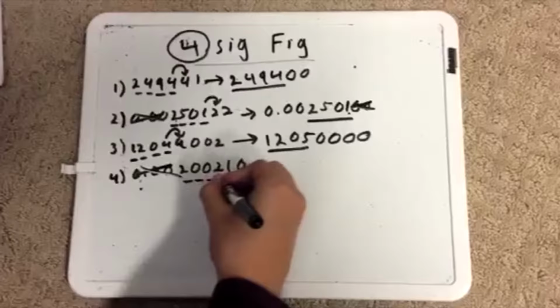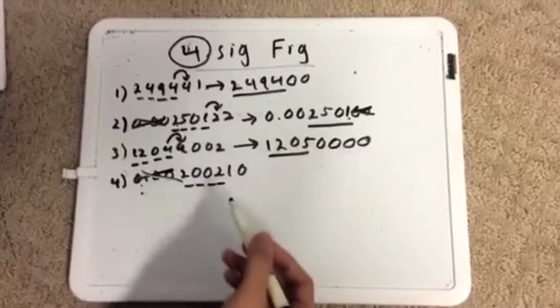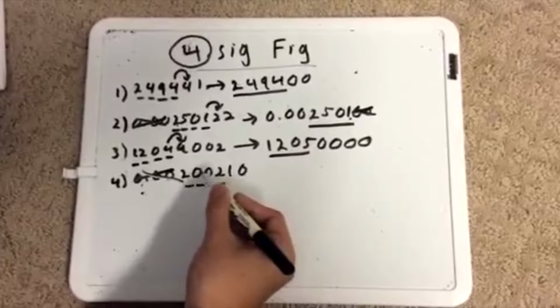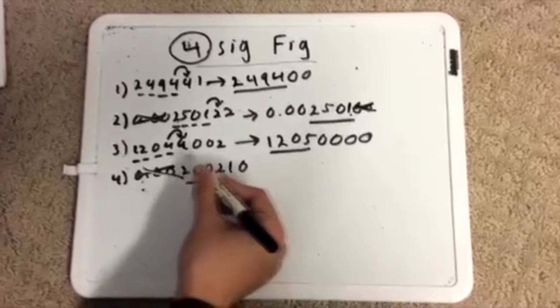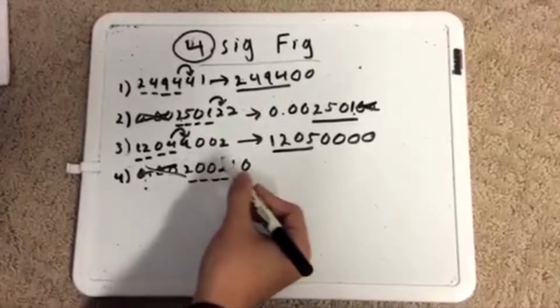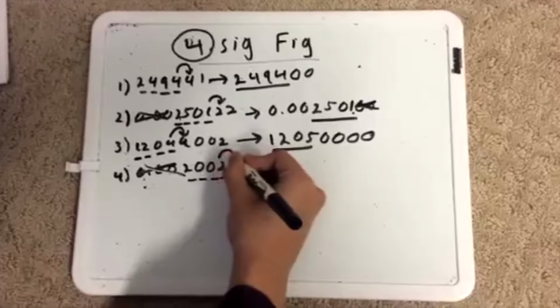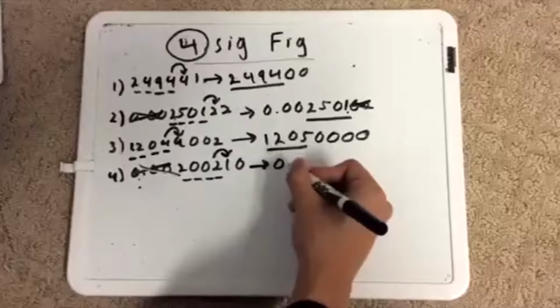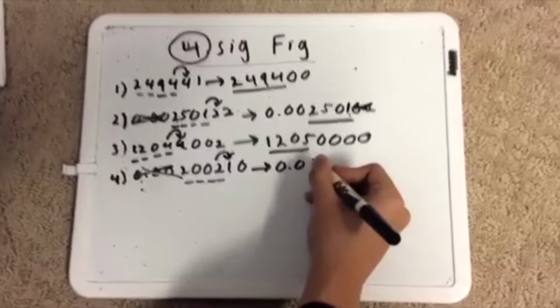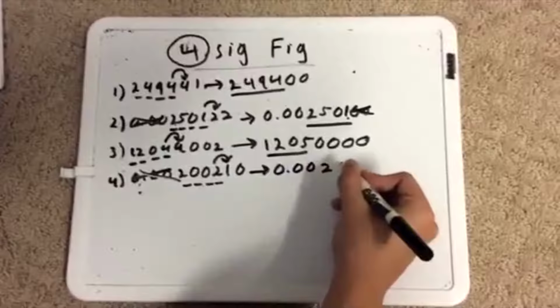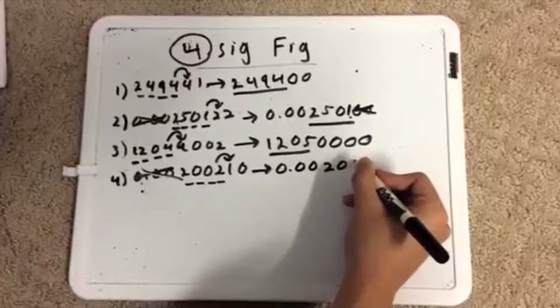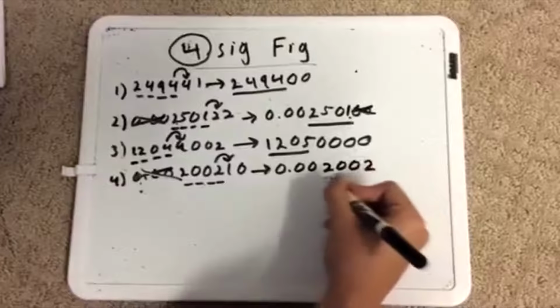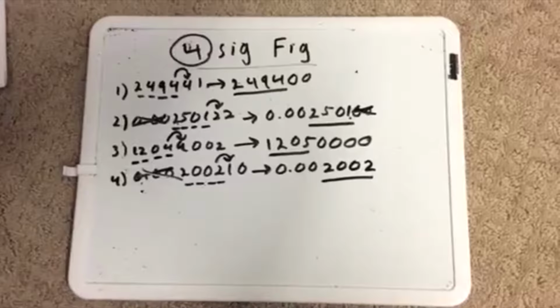Count 1, 2, 3, 4. And remember from the general rule that these zeros are significant because they're in between two non-zeros, 2 and 2. Then you round it to number 1. Your number would come out as 0.002002 with 4 significant figures.